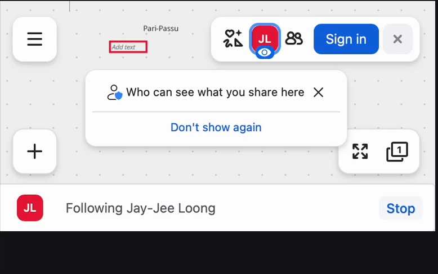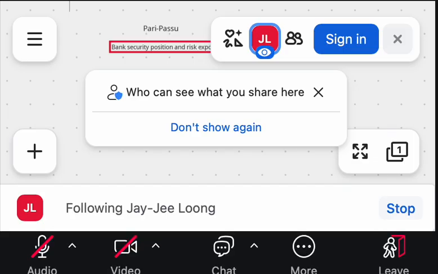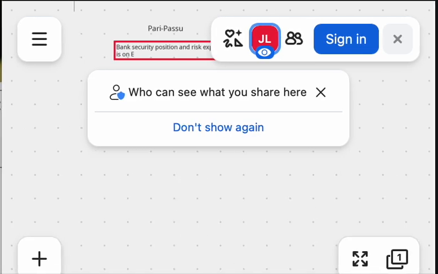Lender is to ensure that the bank's security arrangement, condition and risk exposure with the borrower is on equal footing. That's right, pari passu with other lenders. Security position and risk exposure with the borrower is on equal footing.